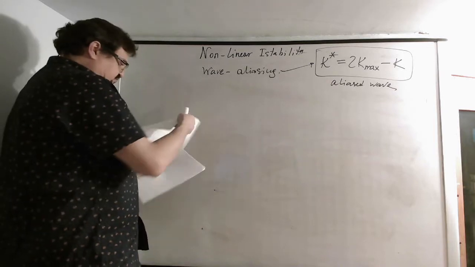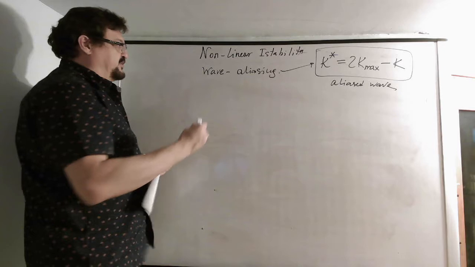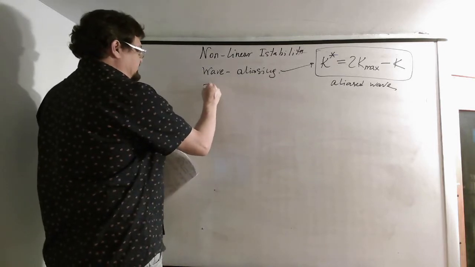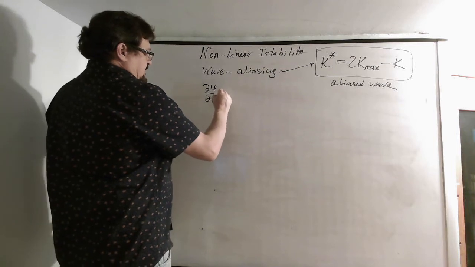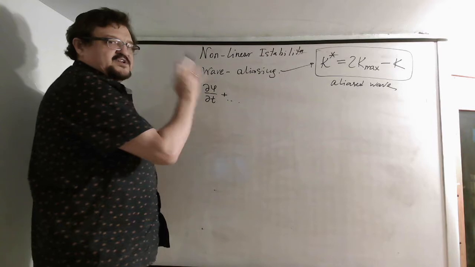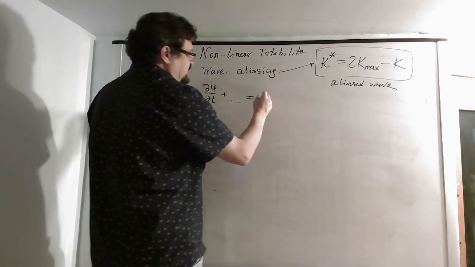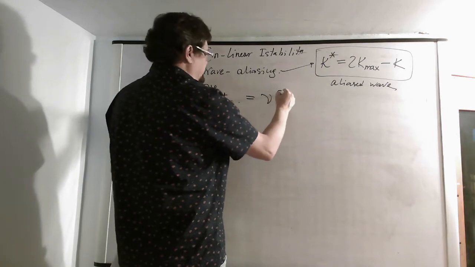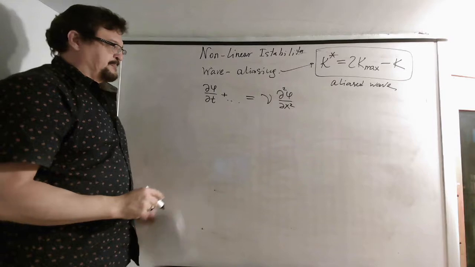So basically what you do, you add to the right hand side of your equations, let's say you have some equation, and you add here advection, your Coriolis force, let's say, or some other sources and things. And then to the right hand side you add this artificial diffusive term, like that.